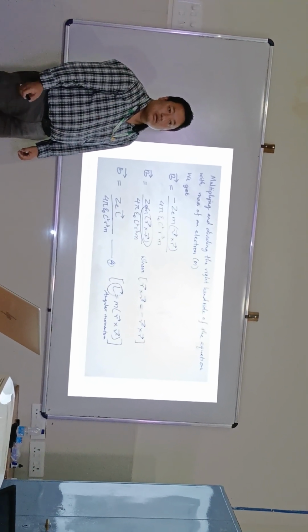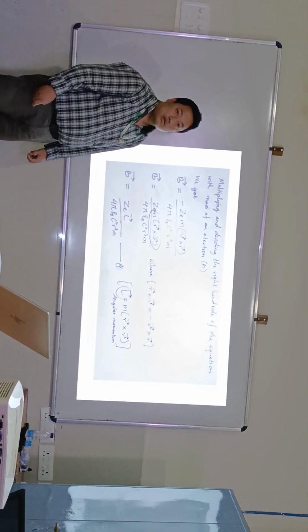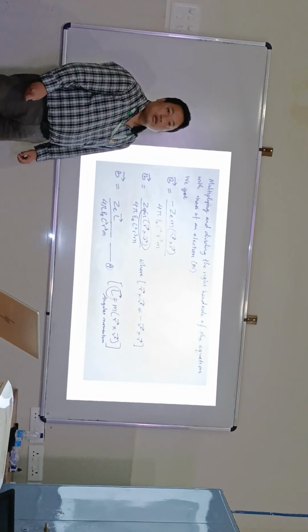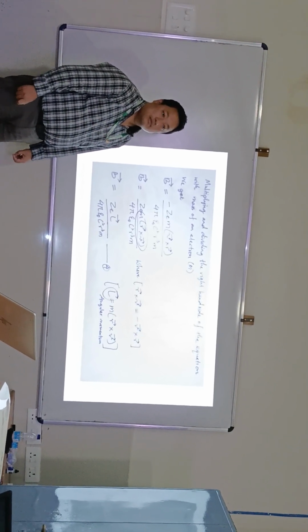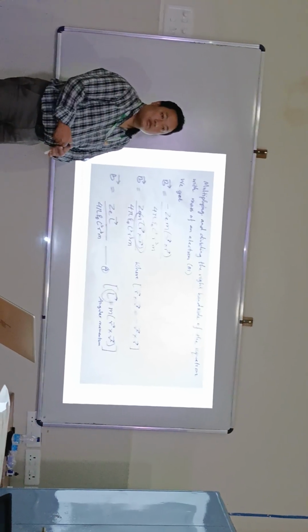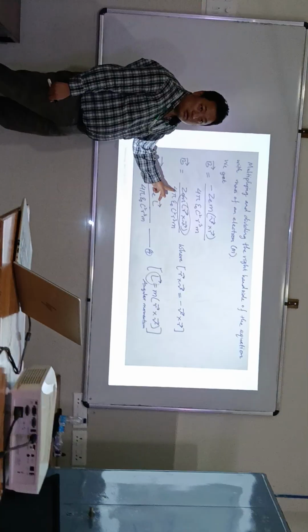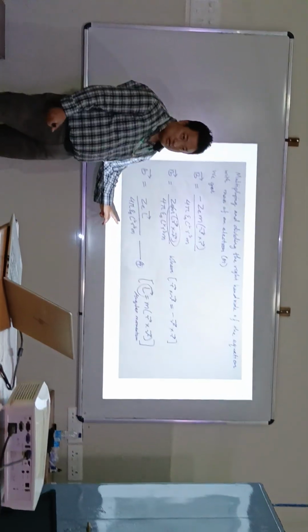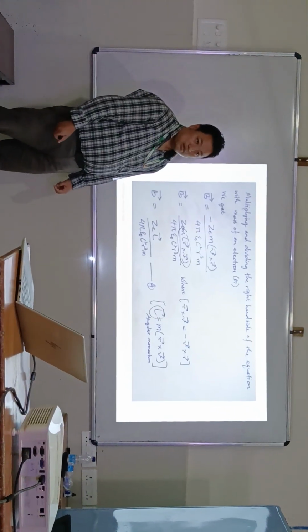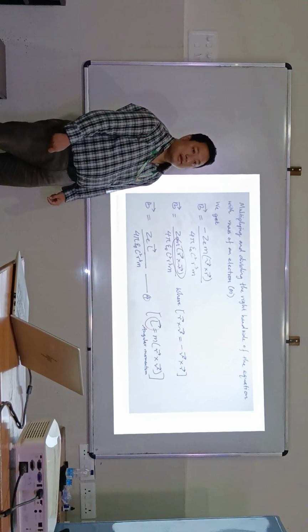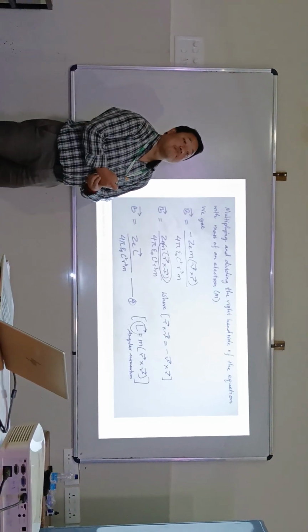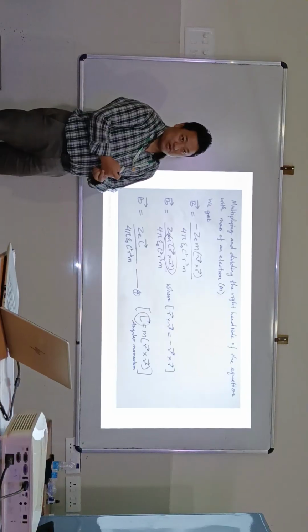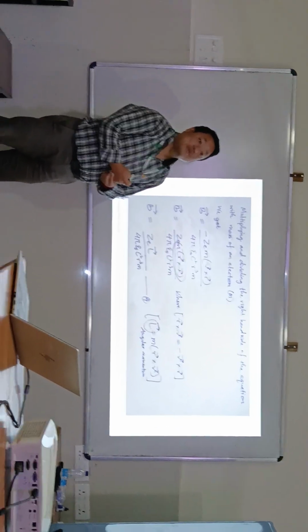Mu naught is the permeability of free space, and epsilon naught is the permittivity of free space. Okay, so we get that.